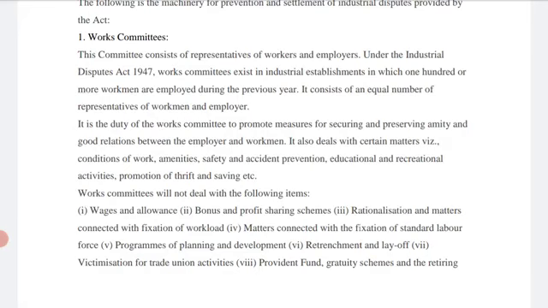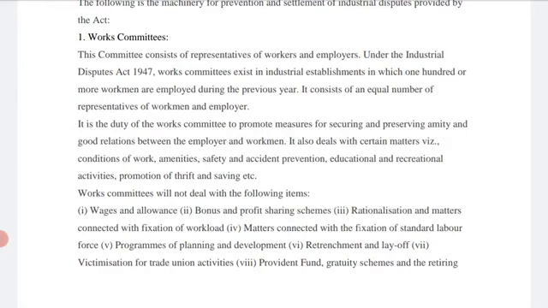In this committee, what are the matters which are dealt with? First, the facilities which should be provided to the workers, whether they are provided or not. Then the second thing considered is whether fair wages as well as fair remuneration is provided to the employee or not.